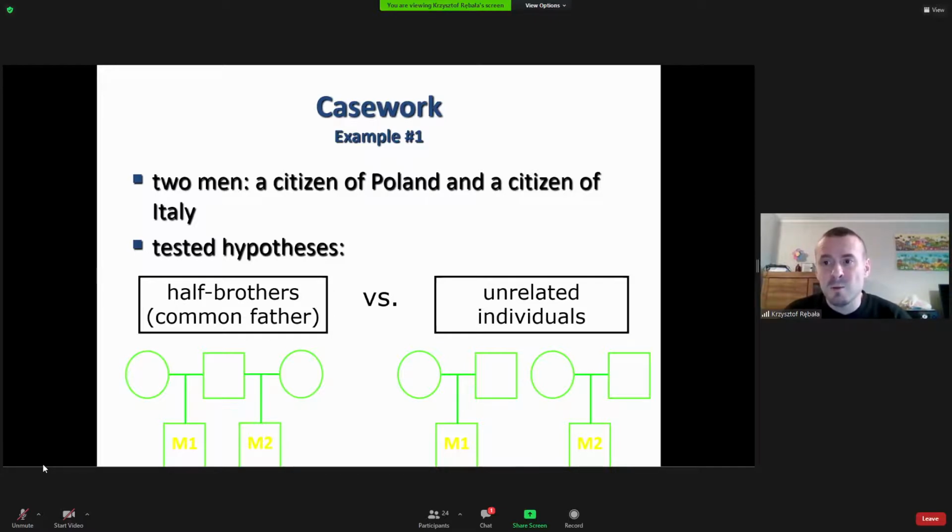And when the man traveled back to Poland, he was stopped in Poland because he could not travel to Italy anymore because of the political situation in Europe.